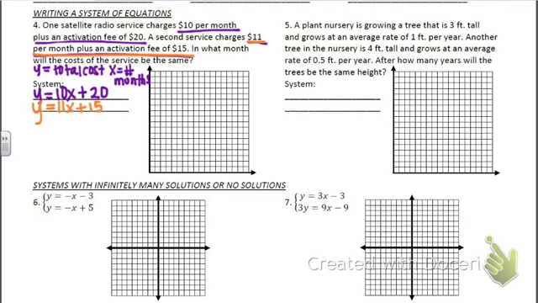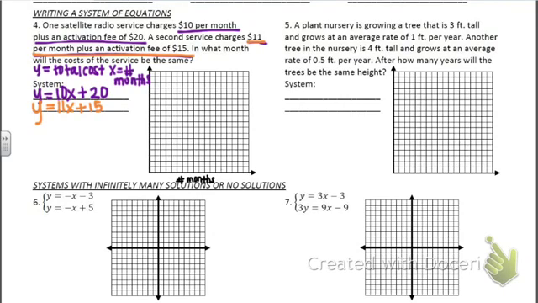Along the x-axis, first we need to label it. So the x-axis represents what, guys? Months. So x-axis is going to be number of months. And I know there's not a ton of room. So just write small. And it's not going to take that many months for these 2 to cross. So I'm actually going to let each line represent the half-month mark.